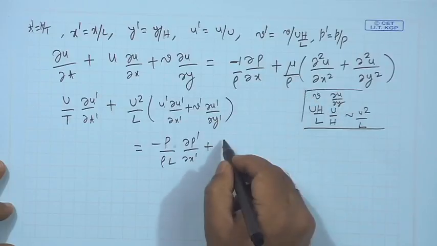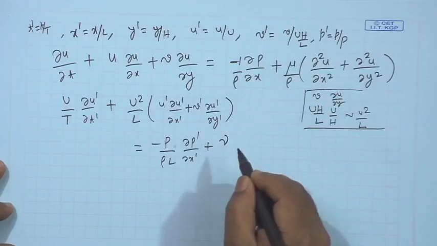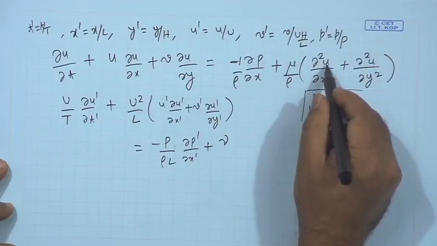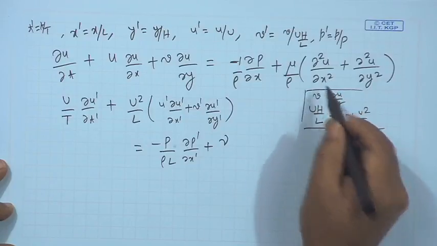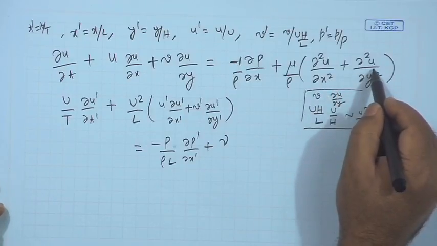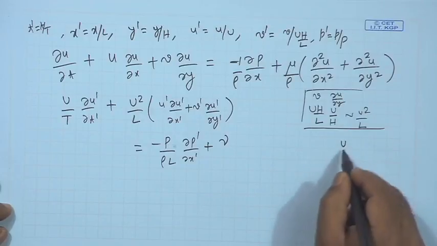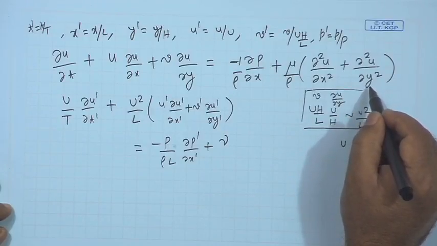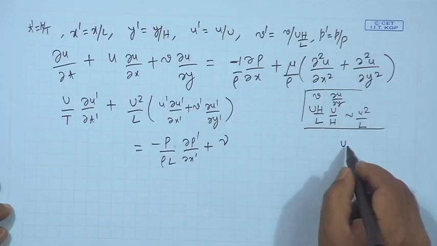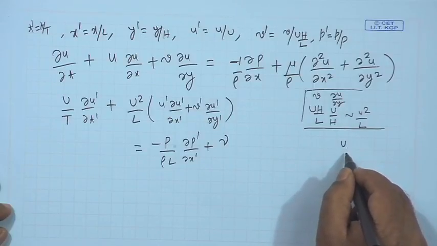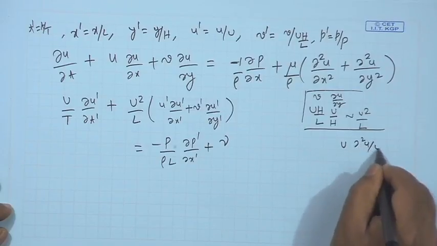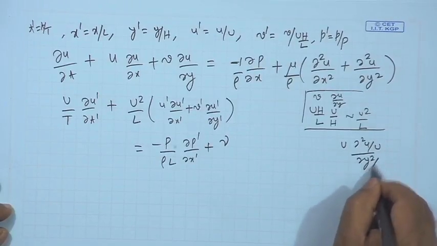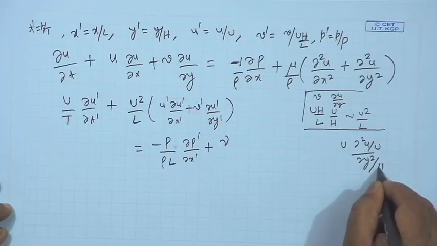So, mu by rho is nu. If you consider, we get u and here we get h square. Here u and y square. So, y square corresponds to that, so for u we get this, then corresponding to y square we have to divide by h square.